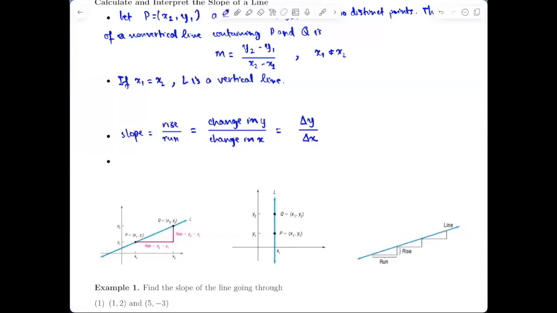The formula to calculate the slope can also be used to calculate the average rate of change. So delta y over delta x is also equal to the average rate of change.